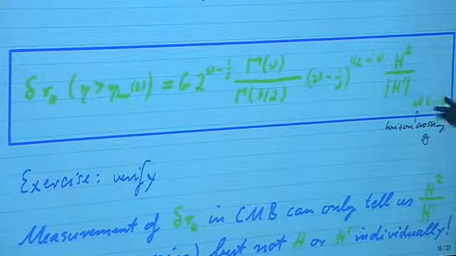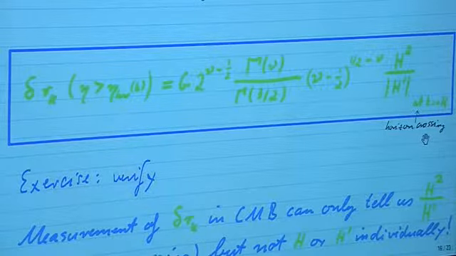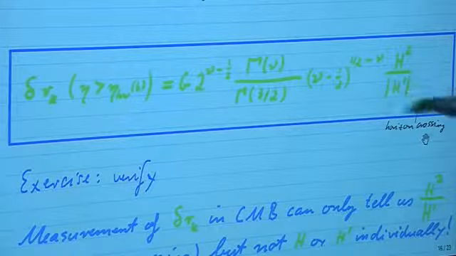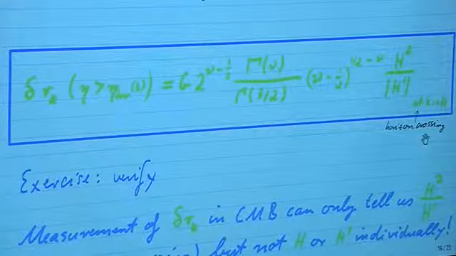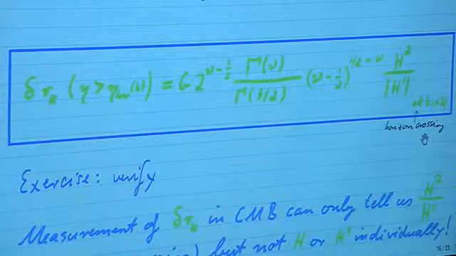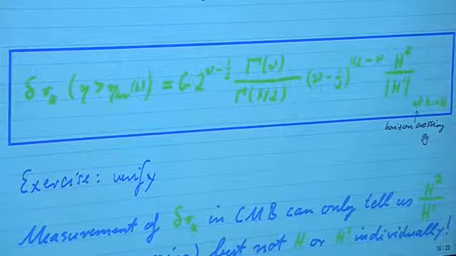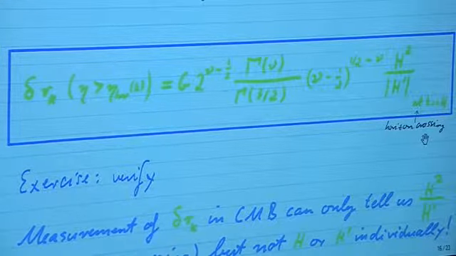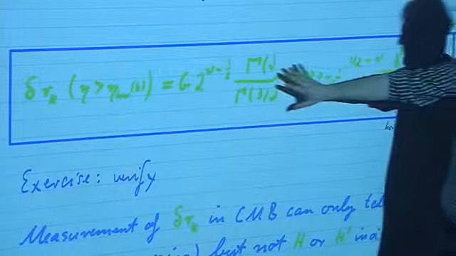Or actually, we need to know the ratio of H squared over H prime. So in particular, we need to know how high the energy scale of inflation is, and we need to know how slow the slow roll was. Both of which we don't really know. So that is a little bit of an unsatisfactory state of affairs. On one hand, we obtain here a crucial prediction, which is that we don't really have any k-dependence in this.